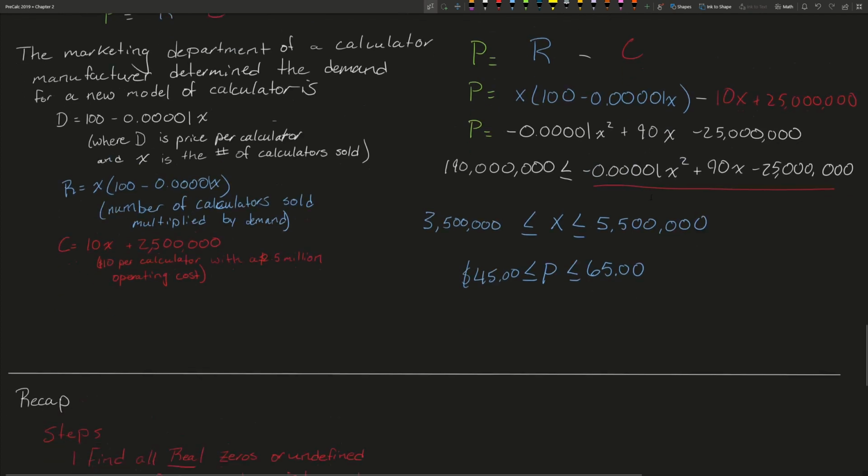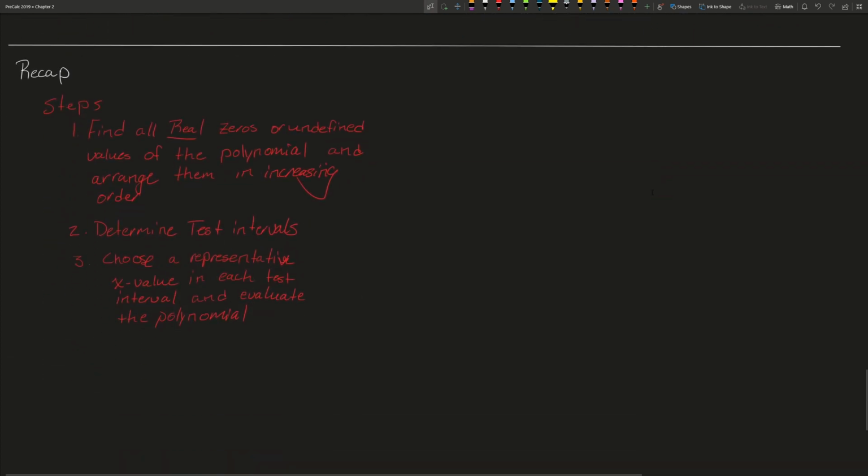So to recap all of this, it really boils down to these steps as shown. For any of these inequalities, the first thing you need to do is to find all real zeros or undefined values of the polynomial and arrange them in increasing order on the x-axis. Then, from those zeros and undefined values, you determine the test intervals.